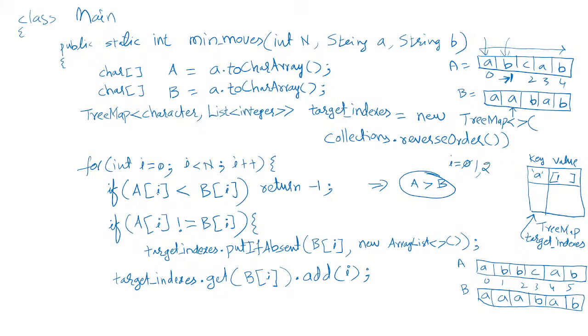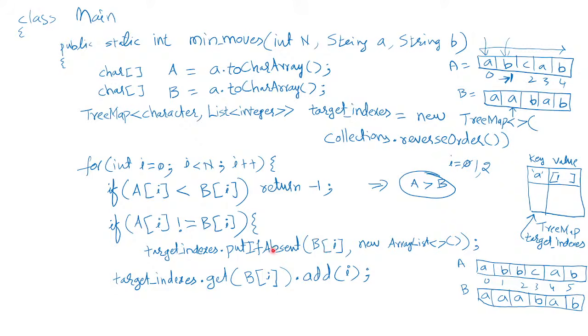Then it checks whether A of 2 is less than B of 2. No. Then it checks whether A of 2 is not equal to B of 2. Yes. So then, since it is not equal, it checks putIfAbsent for B of I in target indexes.